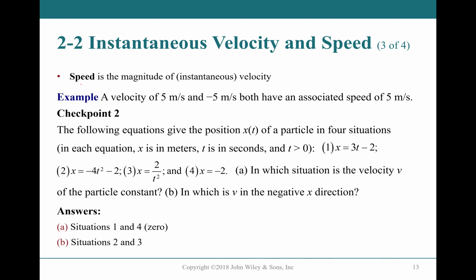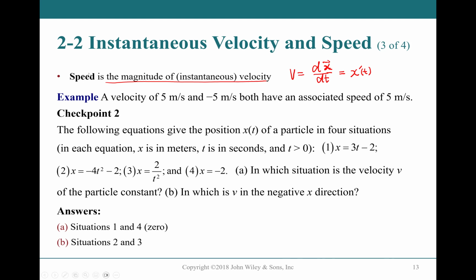The speed is the magnitude of instantaneous velocity. So if you get a negative value, you take the absolute value and you are going to get your speed. I'm going to write it this way, where v equals delta x over delta t, and you can write it as x as a function of t, and you take the first derivative.